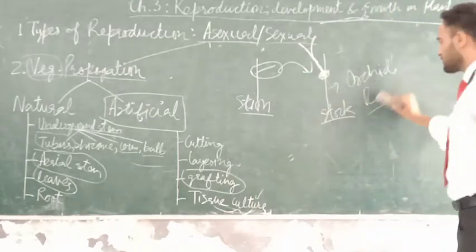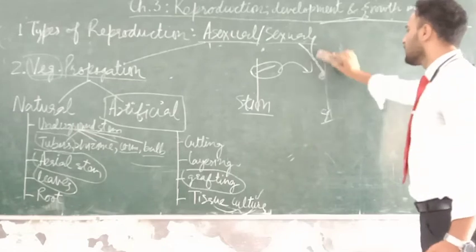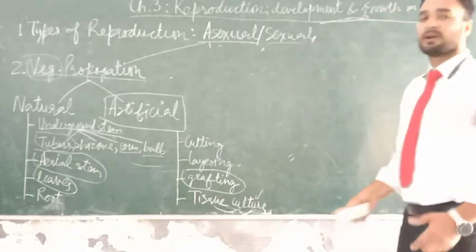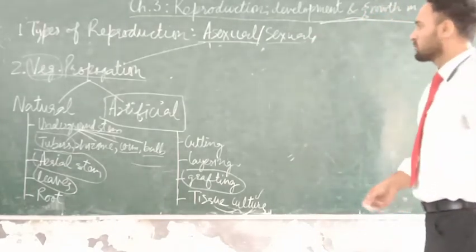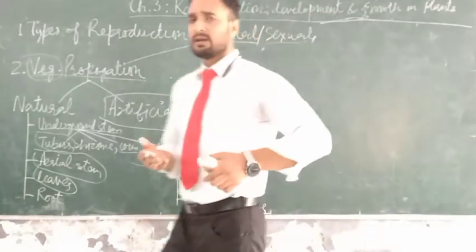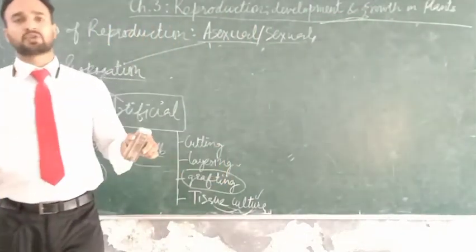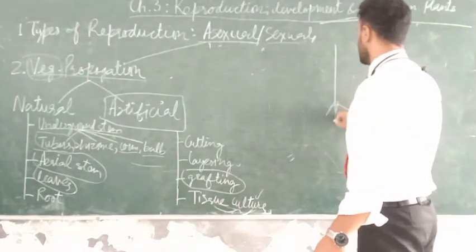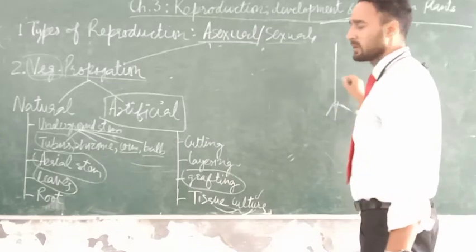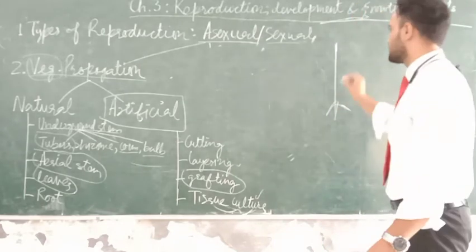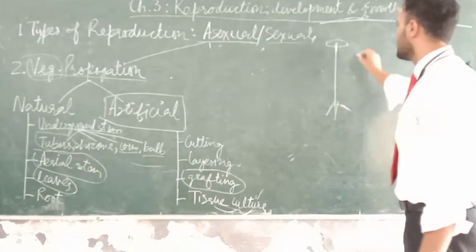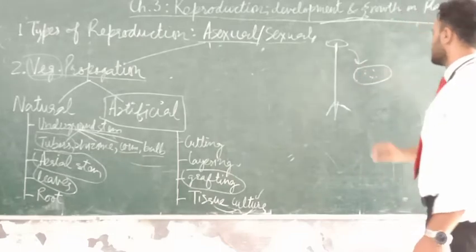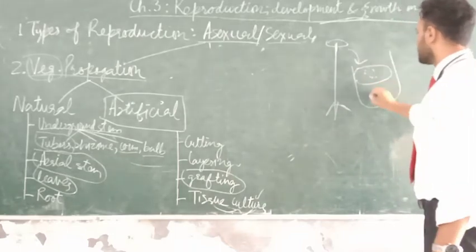Tissue culture is an artificial propagation, a very advanced technique where millions of plants can be produced from a single plant or a single plant propagule. In tissue culture, for example, the growing ends of the shoot are cut. Suppose this is a plant, the roots here. Here this end, which is called the shoot apical meristem, is cut, and it is allowed to grow in a medium.